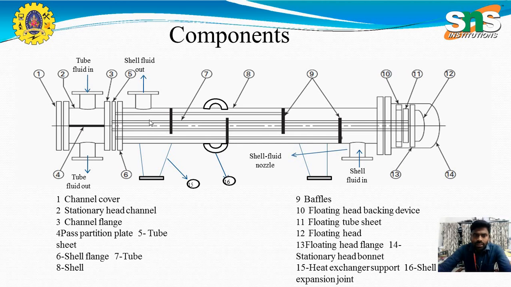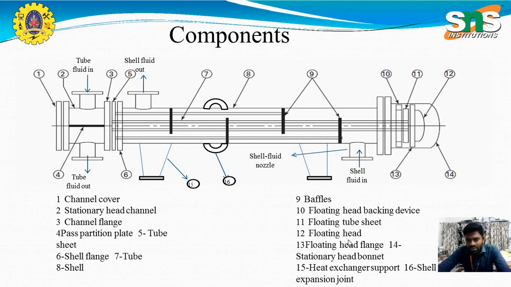The outer fluid flows in a sine-wave-like path, where the baffles change the direction of the fluid, which increases the turbulence. Once we have a huge amount of turbulence, we have a higher amount of heat transfer. So the baffle is placed to support the tubes inside the heat exchanger, as well as to create turbulence in the fluid flow in order to increase the efficiency of the heat transfer.